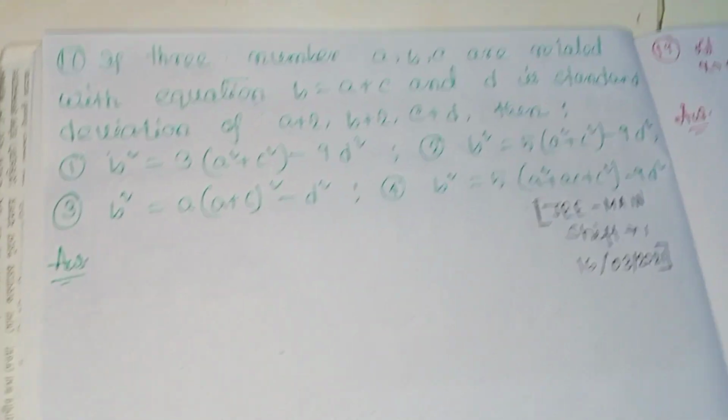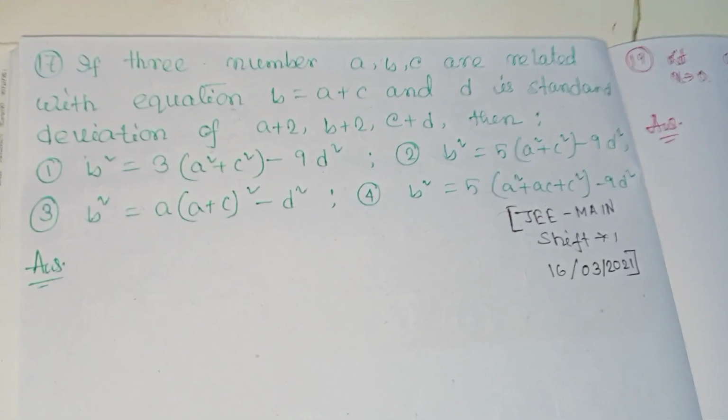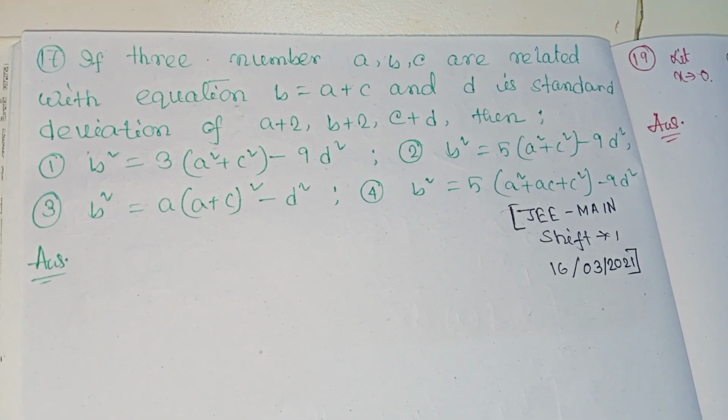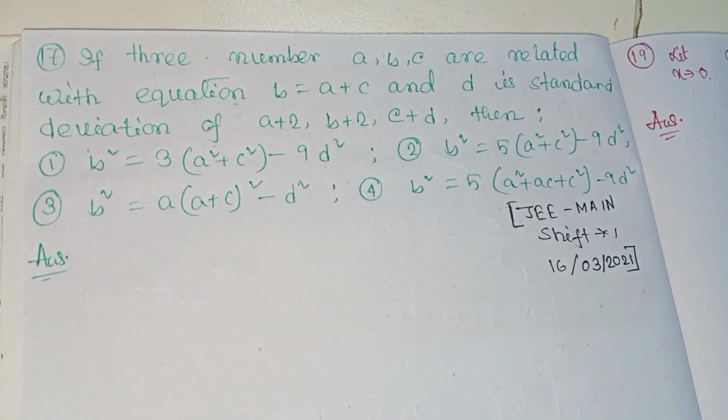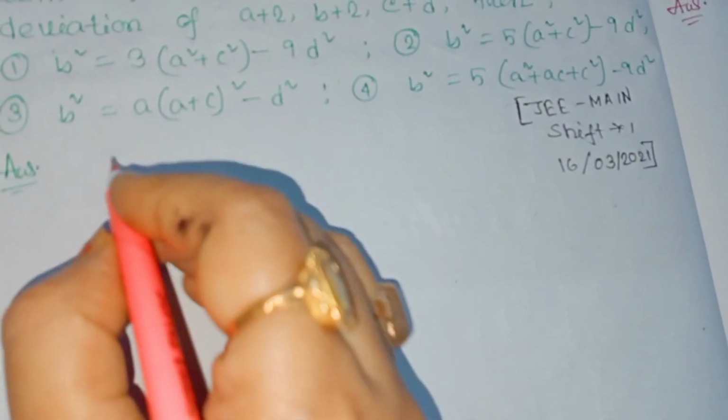This question is in the house of mean and median. At first, the standard deviation d is given, and the condition is given here, that is b = a + c. So let's start.